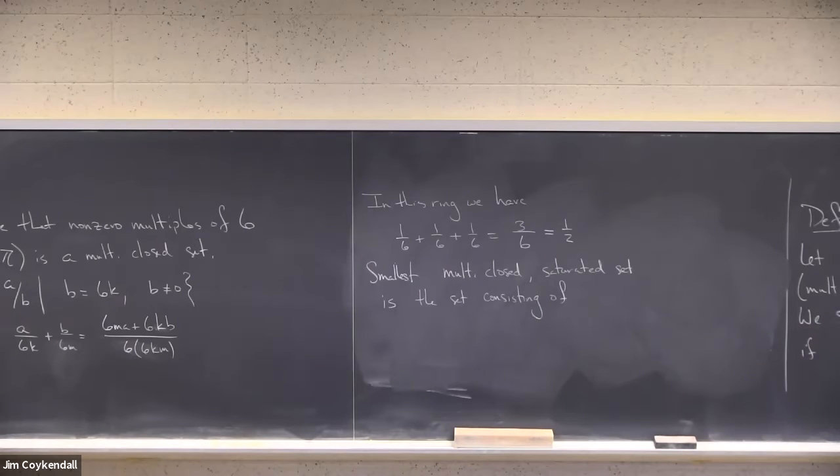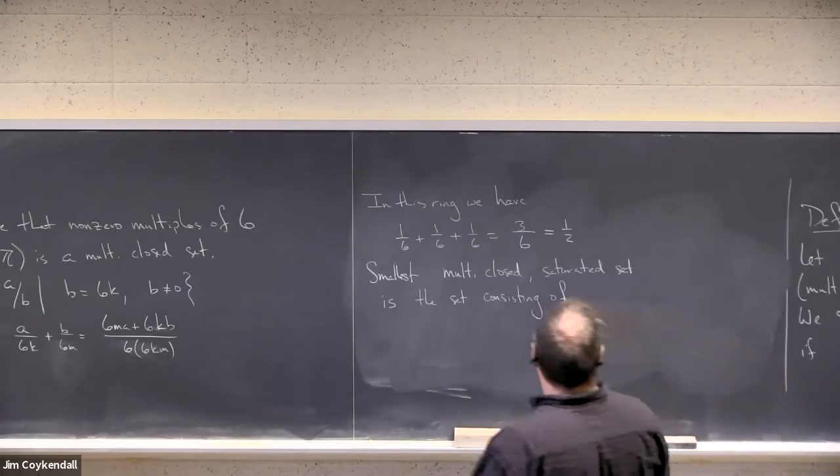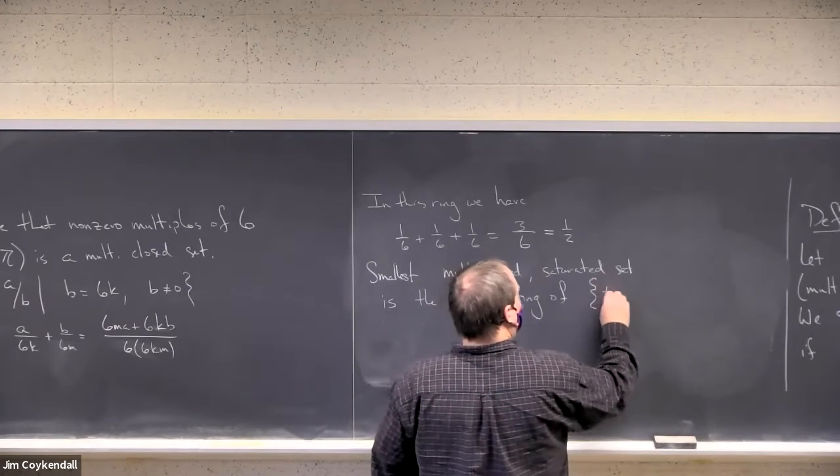What's the smallest multiplicatively closed saturated set that contains all the non-zero multiples of 6? Well, you've got to have all the multiples of 6 in there. But to be saturated, you've got to pick up 2 and 3 and 1, right? And so basically what you have is the set of all things.